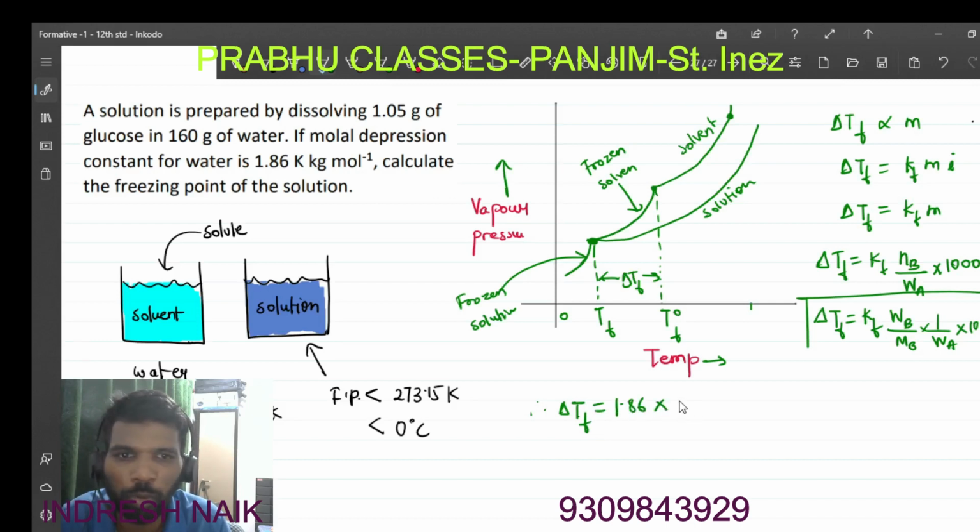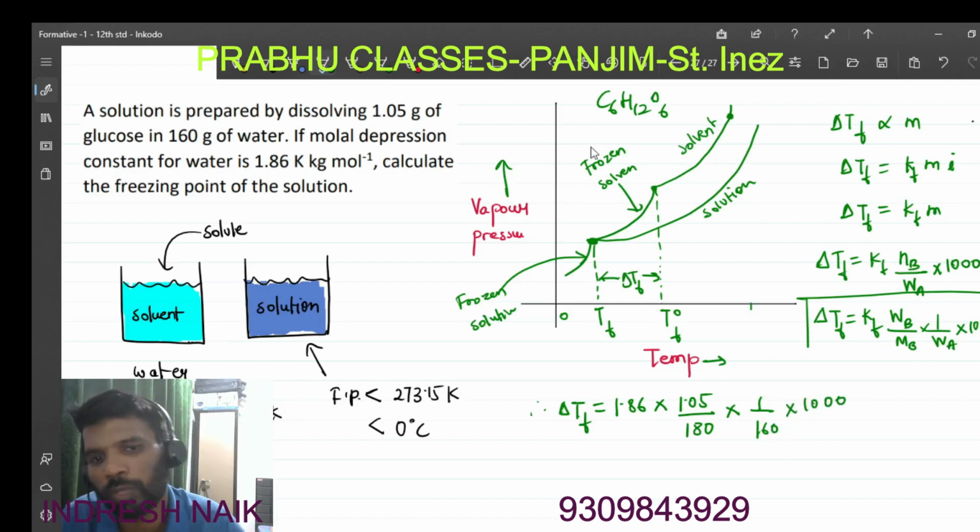Weight of the solute, WB, is 1.05. Molar mass of the solute, it is glucose, is 180. 180 is the molar mass of glucose, right? How we calculate it: combining the atomic masses of C6H12O6, the integral multiple of all these atoms gives the molar mass. Then 1 by WA. What is the mass of the solvent? 160 gram of water, and the 1000 is over here.